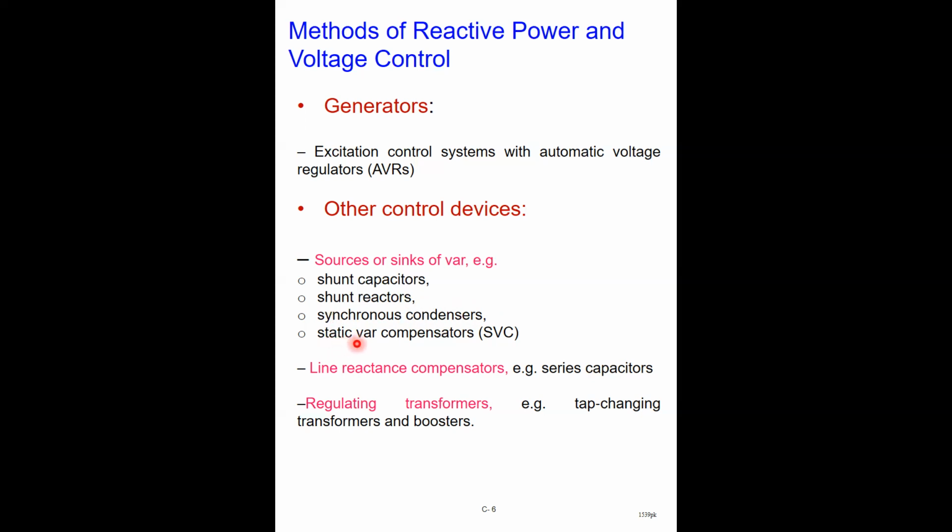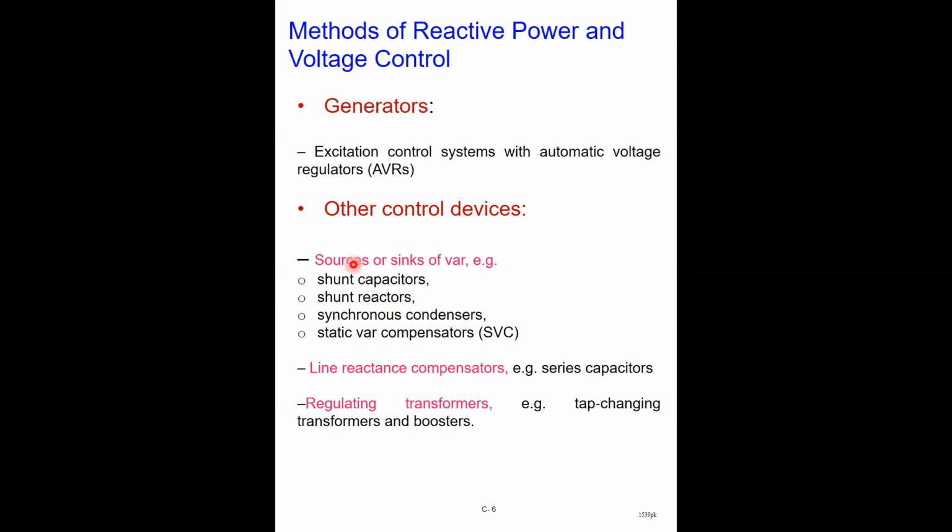Then we have static var compensators, because here we said only the capacitors or only the reactors, but we want compensating devices which can supply or absorb. So these static var compensators will have both a capacitor bank as well as a reactor bank towards the compensation.